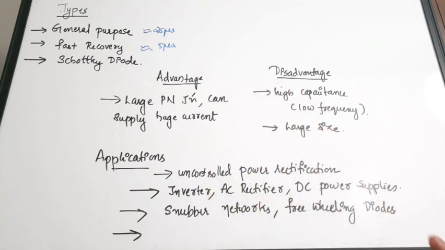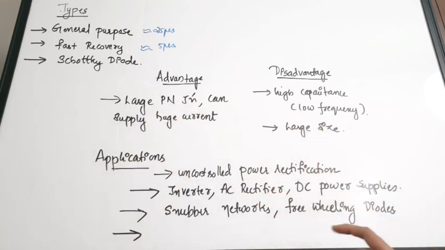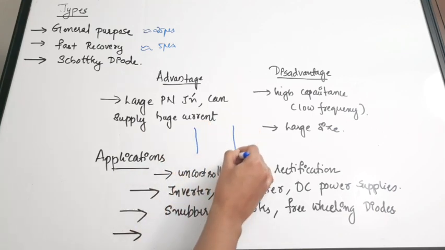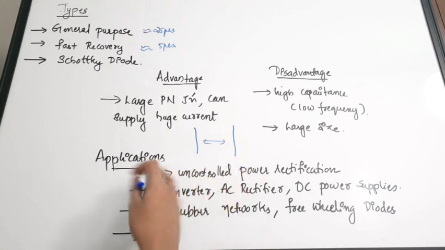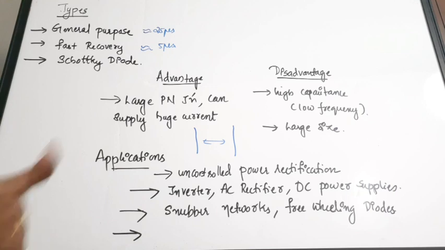Now again there comes a disadvantage because of this large PN junction. Since the PN junction is large, the PN junction will act as a capacitor. Why? Because there is a conducting layer, again a conducting layer, and in between there is an insulating layer or a depletion layer. So it will have the effect of a capacitor, and there is some capacitance for power diodes.